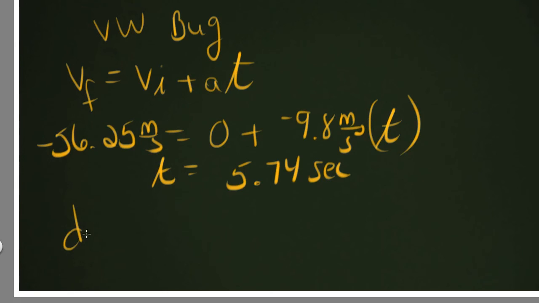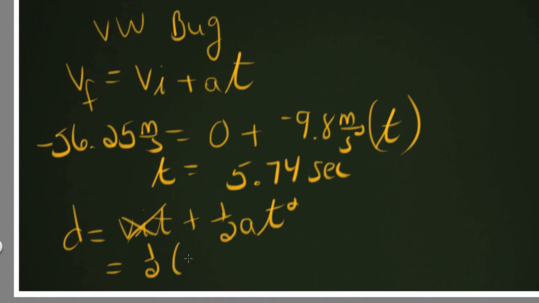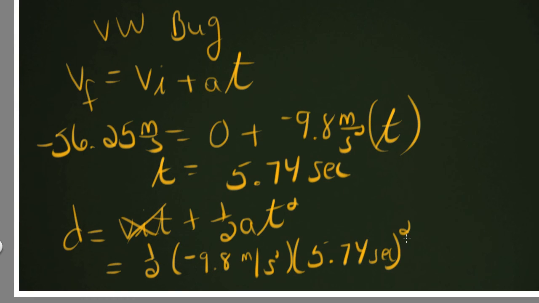We want to know the distance based on Vi t plus 1/2 a t squared. The initial velocity is 0, so we have 1/2 times a, which is negative 9.8 meters per second squared, times the time, 5.74 seconds, squared. When you plug it all in, the distance is 161 meters. That's how much it has fallen in that time to reach terminal velocity.